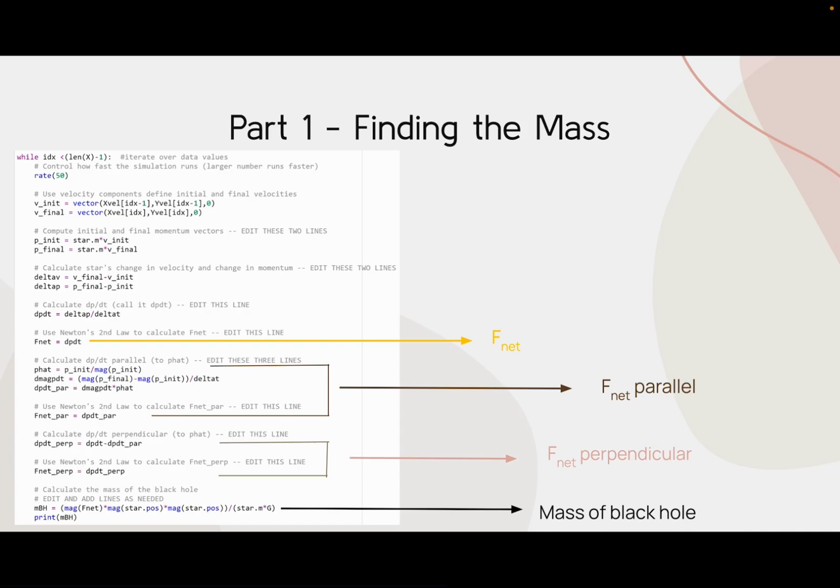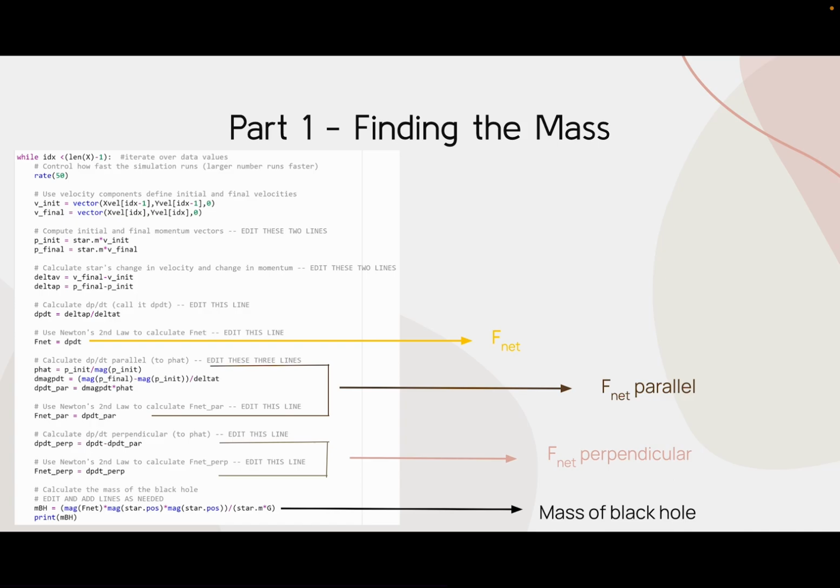This is part of the code for part 1, finding the mass. We changed the initial momentum and the final momentum, and then calculated the delta v and delta p by doing final minus initial. dp over dt, the change in momentum, is delta p over delta t, and using Newton's second law, F net is equal to dp/dt. Then we calculated F net parallel.